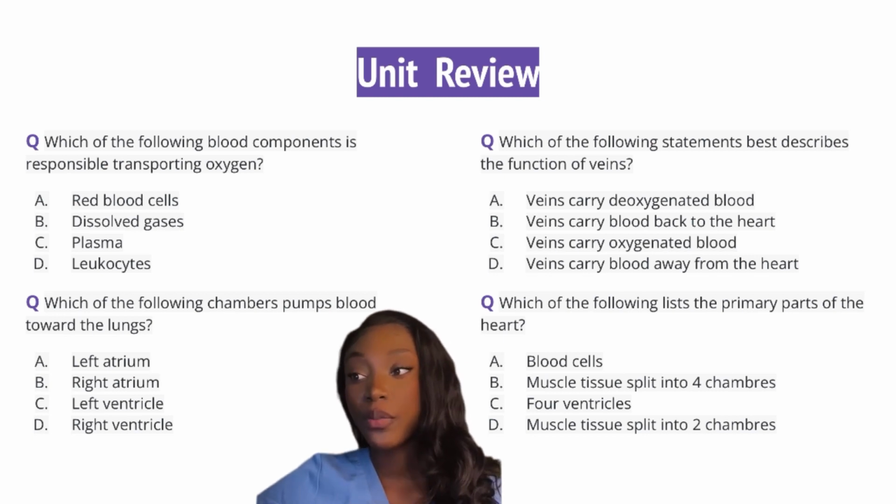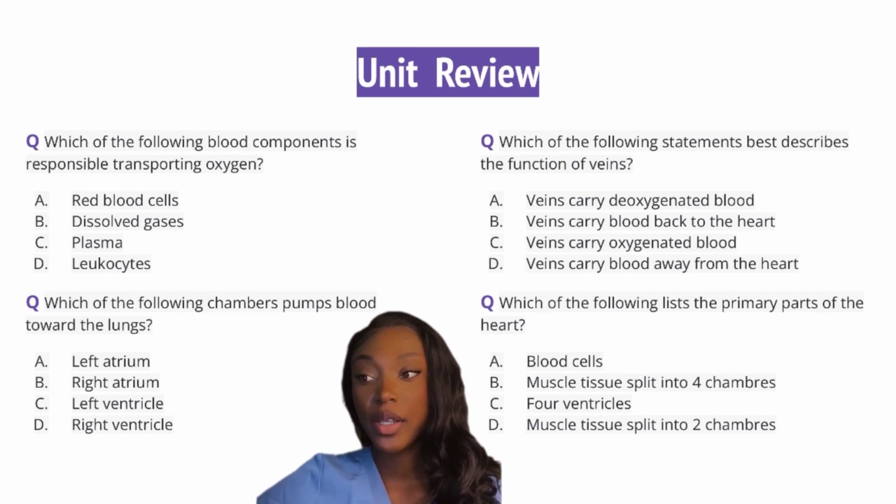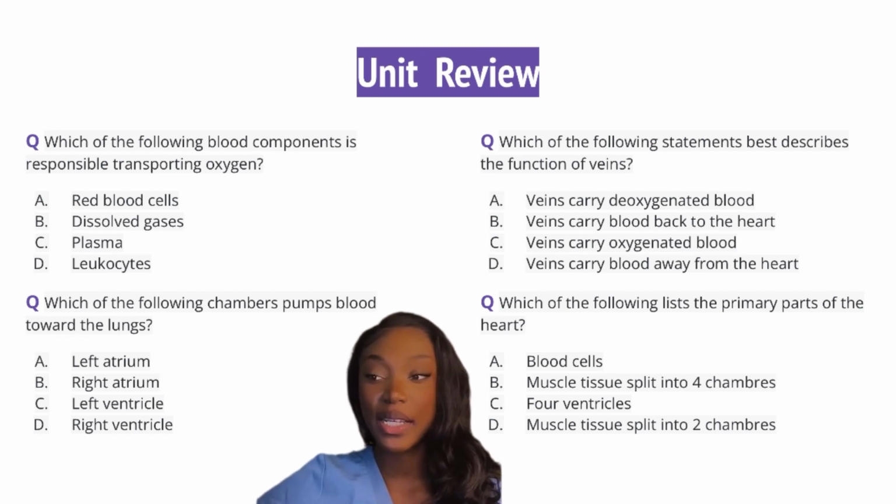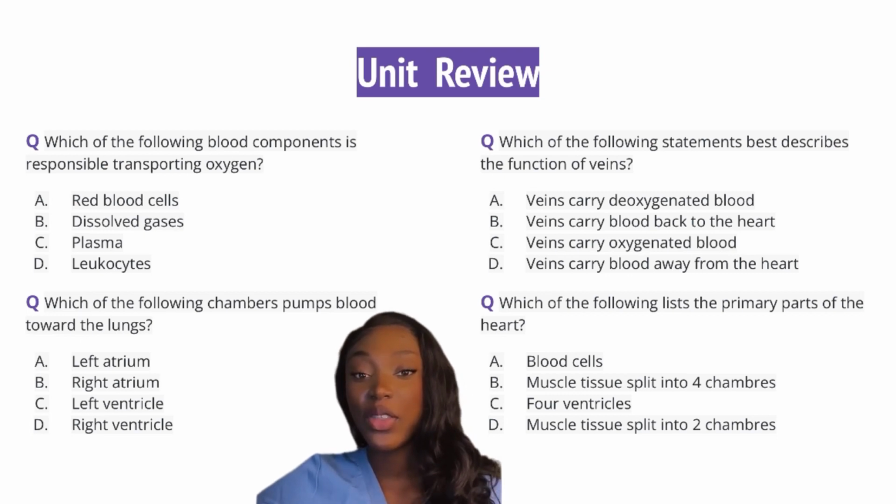And number 2, it says, which of the following chambers pumps blood towards the lungs? A, the left atrium, B, the right atrium, C, the left ventricle, D, the right ventricle.